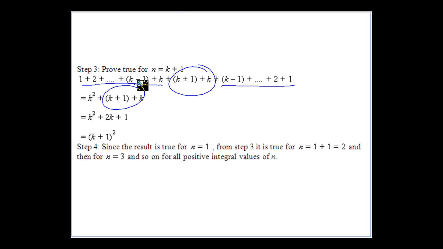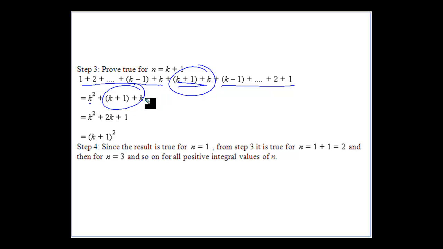Really, everything in here is part of the sum of the first k terms, except for those two. They're the only 2 terms we add in the sum of the first k plus 1 terms, because we went up to k and then we went down from k minus 1 back to 1. So these underlined terms are going to be equal to k squared. And then we've added the k plus 1 plus k.